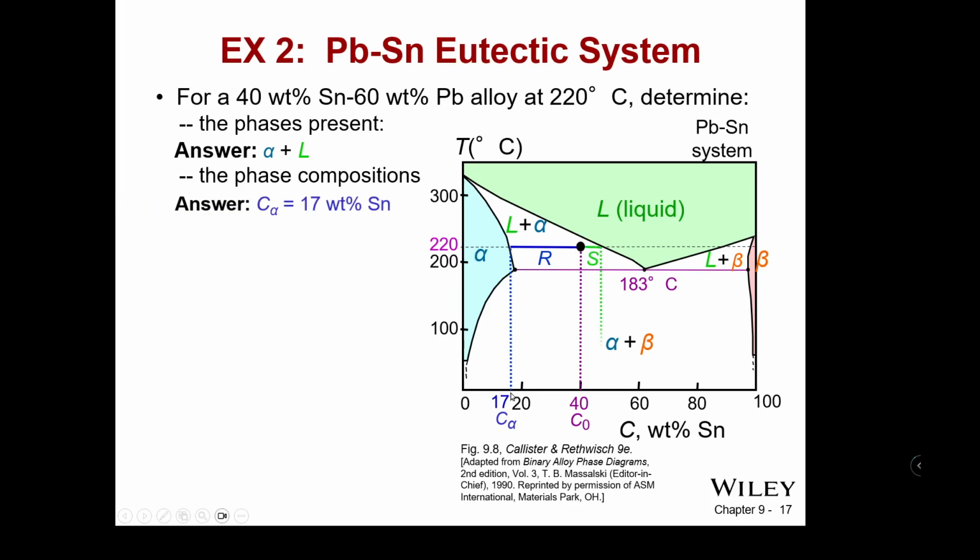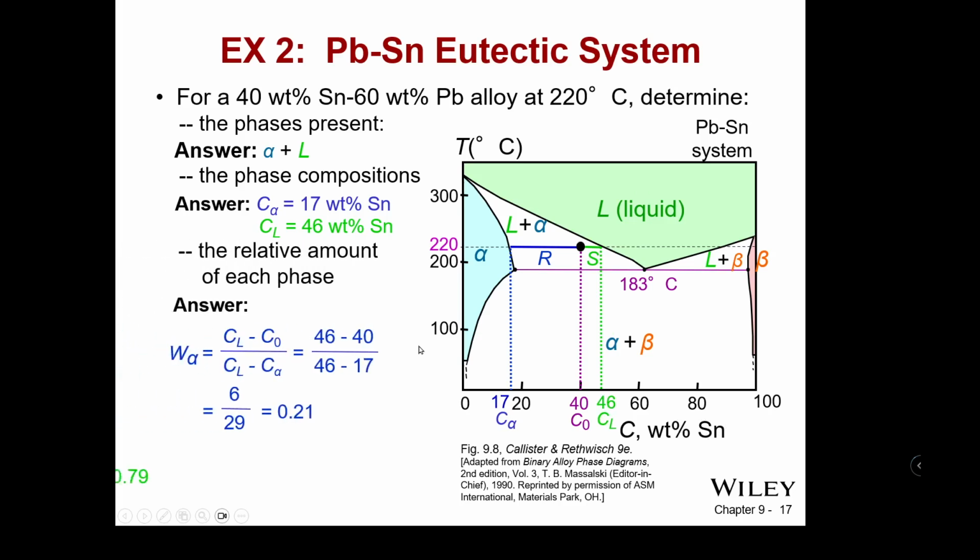So alpha is 17% tin. Our liquid is 46% tin. From those, we can then calculate our weight fractions of 0.21 for alpha. So a little bit of alpha, 21%, and mostly liquid at 79%.